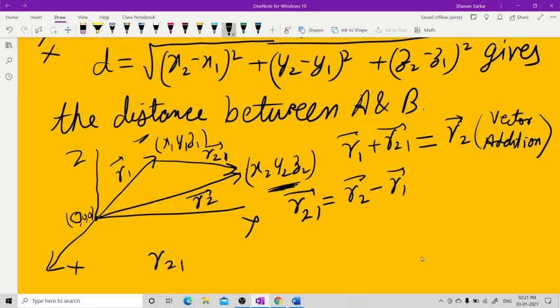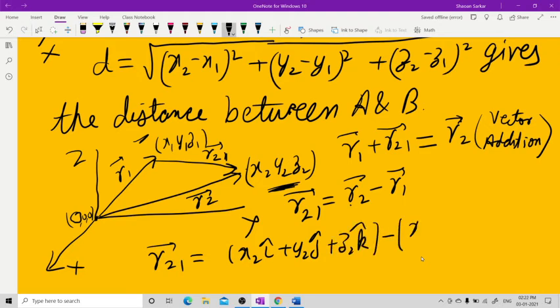Now R21 will become, what is the vector of R2? This is x2 i cap, y2 j cap plus z2 k cap minus x1 i cap plus y1 j cap plus z1 k cap.